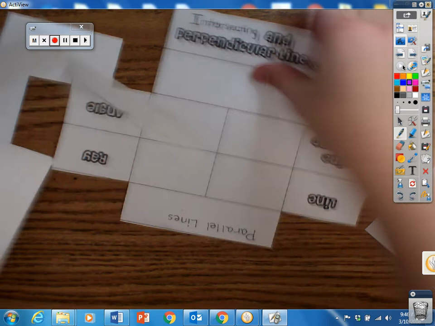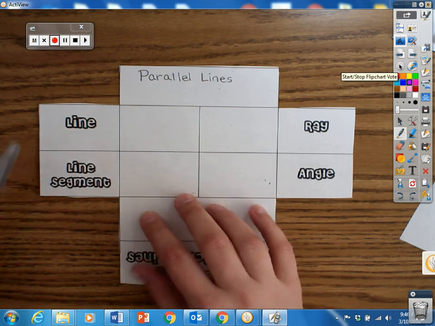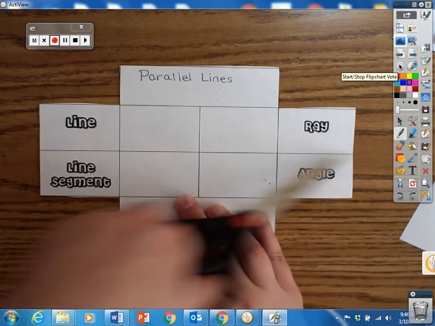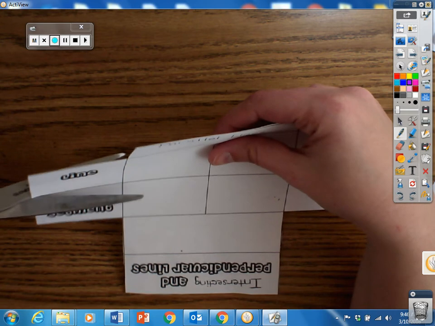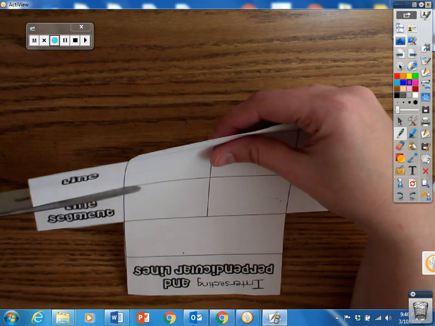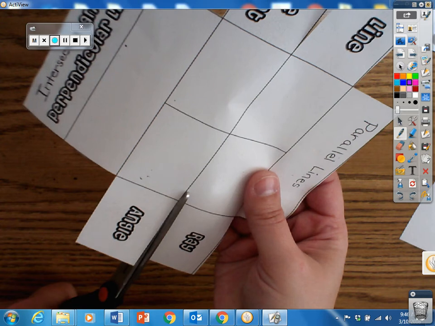Okay, so now we have cut out our whole foldable and it looks like this. So what we're going to do now is just cut on these two lines just like so. And we're just cutting it to the first, just like that. And again, on the other side, just like that.